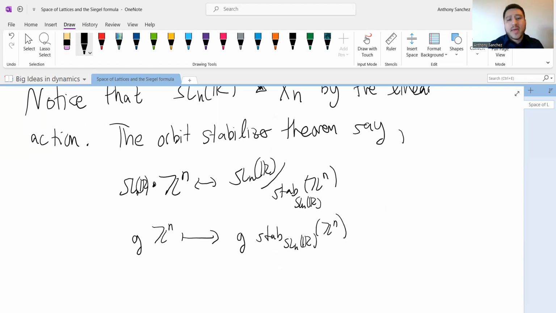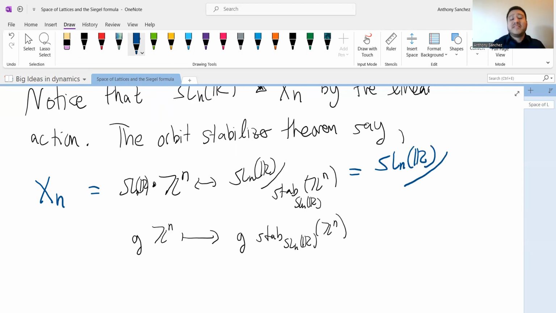All right, and why do I say that this is helping us identify what this nice geometric space is? Well, notice that if I grab Z^n and I push it around by all of SL_n(R), I'm exactly recovering the space of lattices, namely everything inside of L_n. And now, on the other hand, what is the stabilizer?